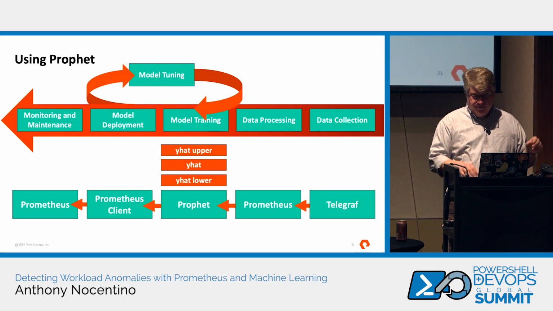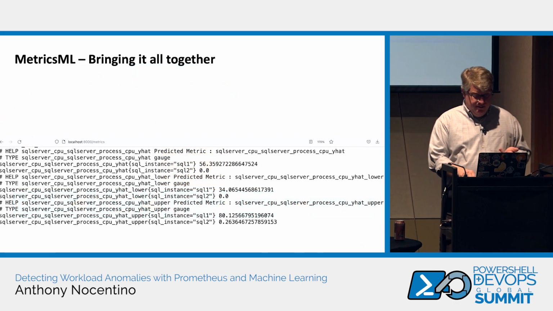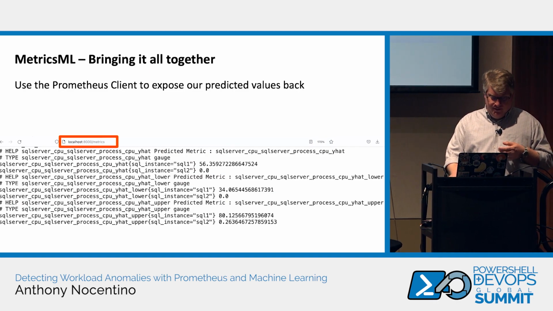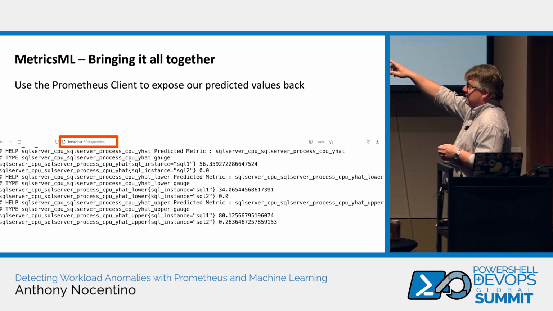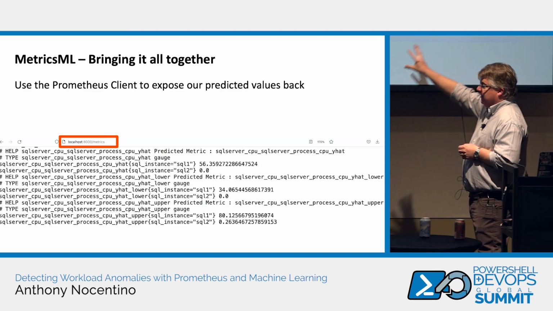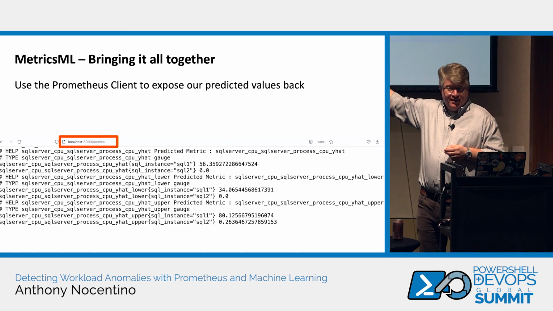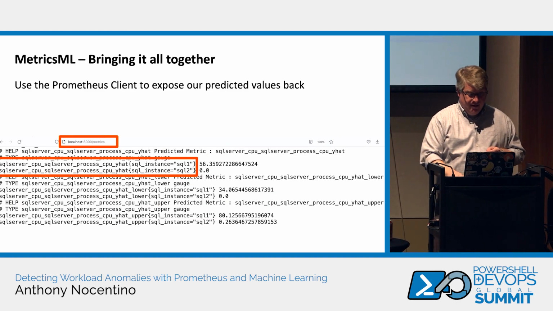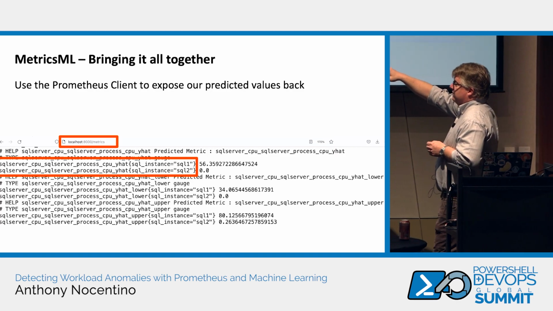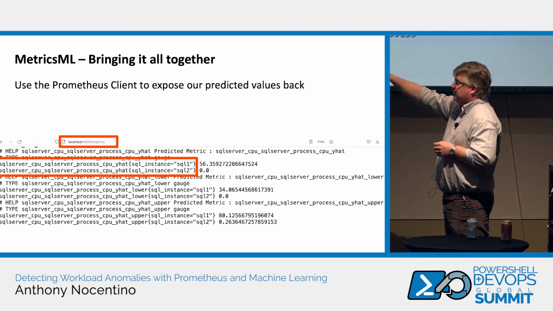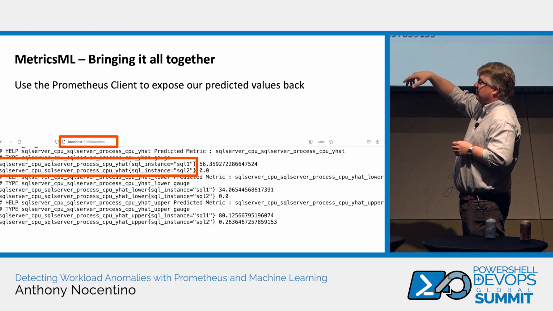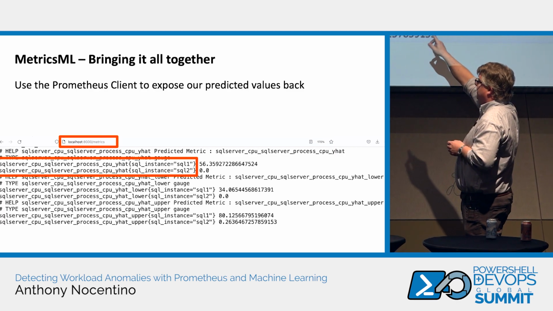Cool, good stuff. So it looks like this in the end. We use the Prometheus client. We're going to get a metrics endpoint, just like we have in Telegraf, with the same exact structure, but we're going to build this together in code. In there, you'll see we'll have the predicted values: SQL Server, CPU, process CPU, yhat. That's the predicted value that we're sticking back in.